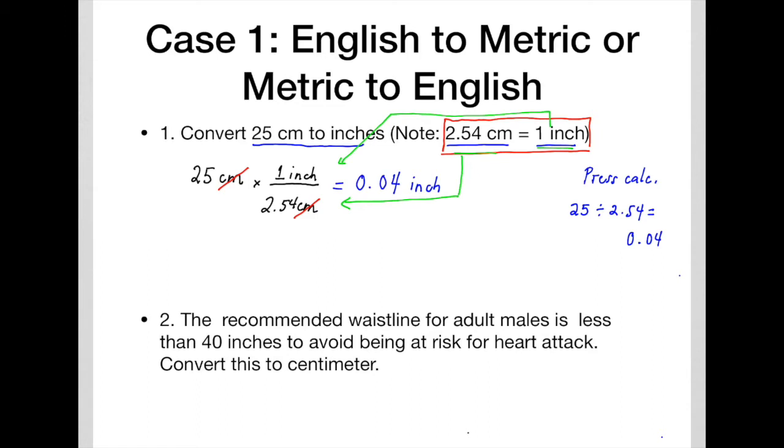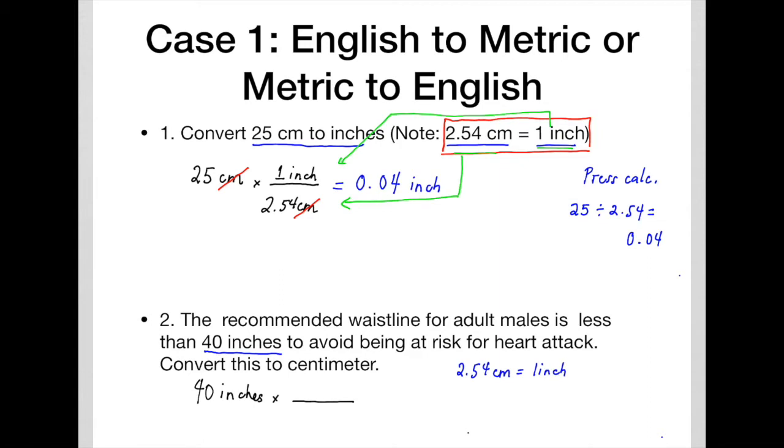So the first thing that I need to write here is simply 40 inches times, okay, so take note what is my dimension. My dimension here is 2.54 centimeter equals 1 inch.